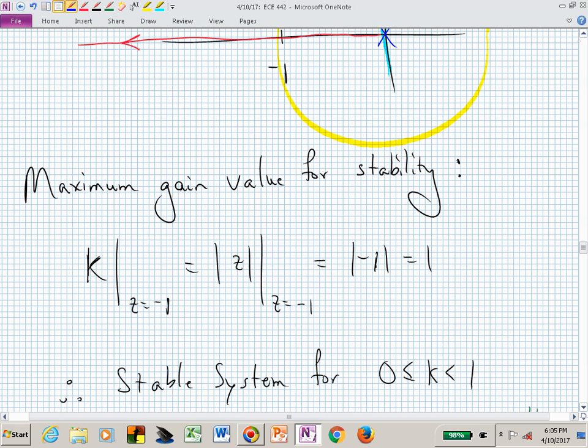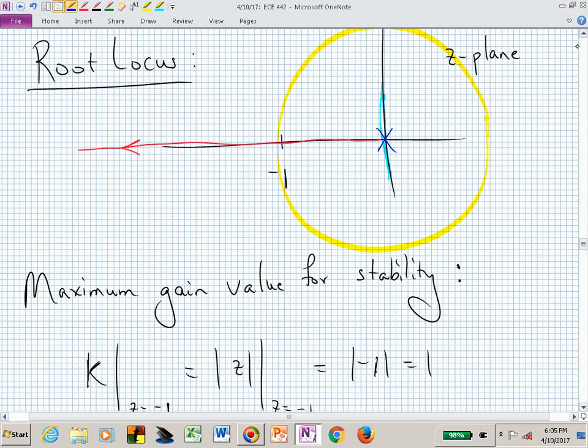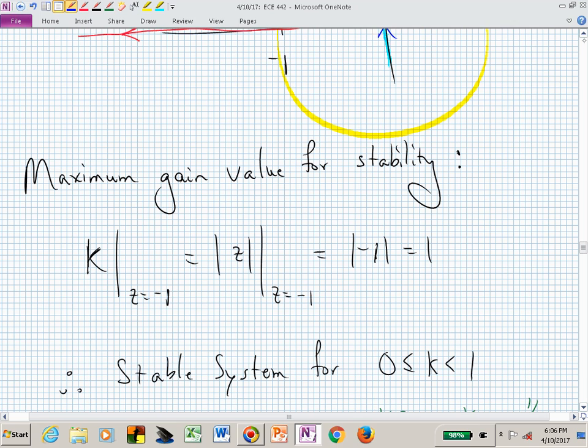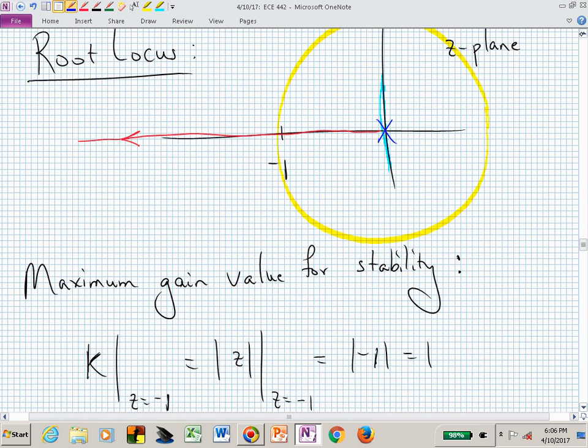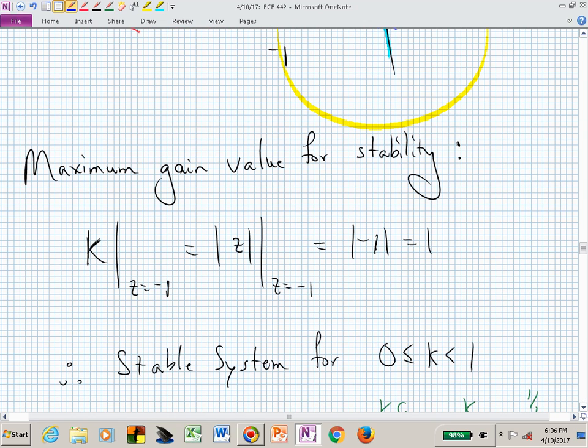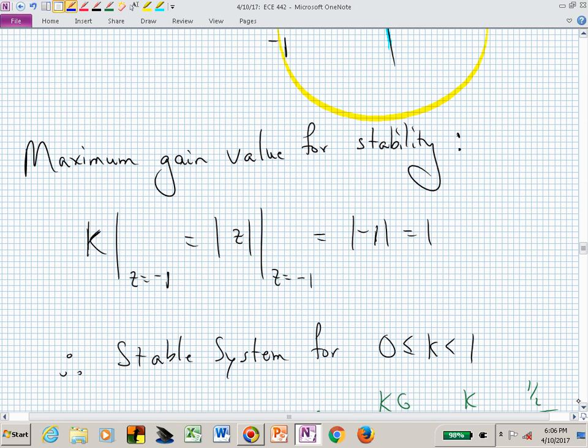Pardon? The lower limit really is... Actually, we wanted to start at the open loop pole. The open loop pole is going to be stable, so that's with k equal to 0. We didn't even have to plug in any value of z for that. But if you do plug in z equal to 0, you have k equal to 0, but that's because the pole was at the origin.